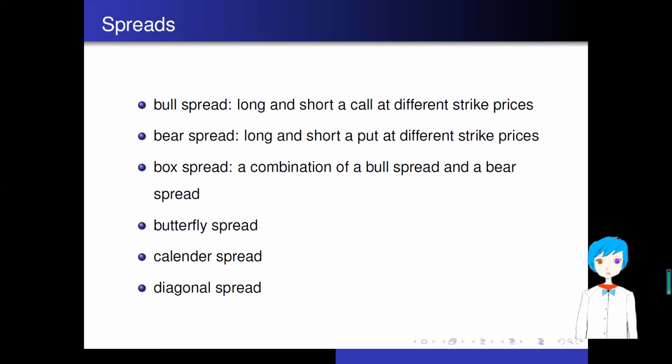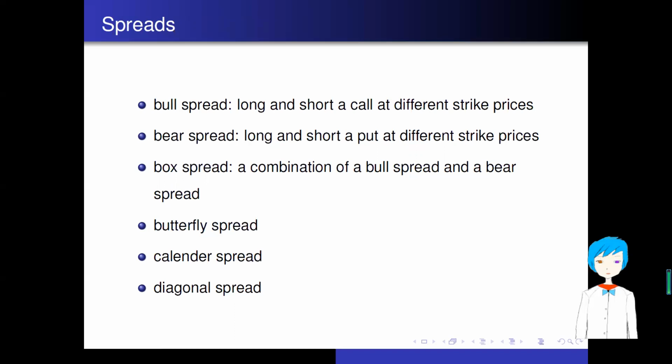We have different trading strategies for options that are used in practice. For instance, we have a bull spread. A bull spread is to long and short a call at different strike prices, and this is used when one thinks that the price will go up.